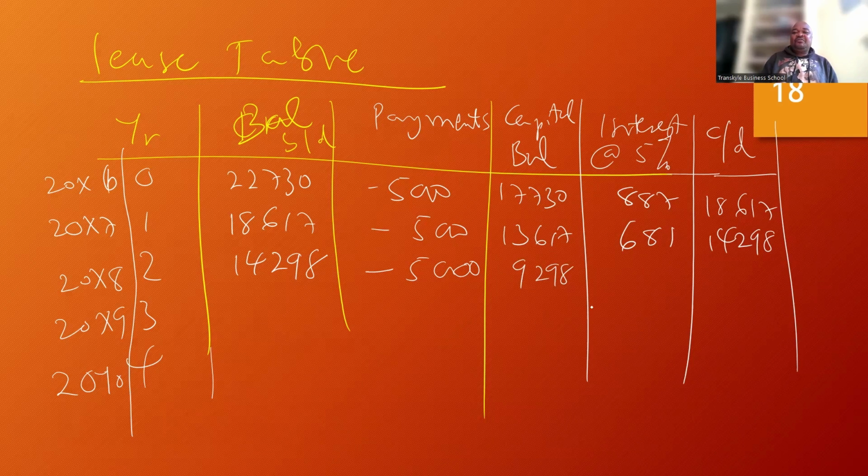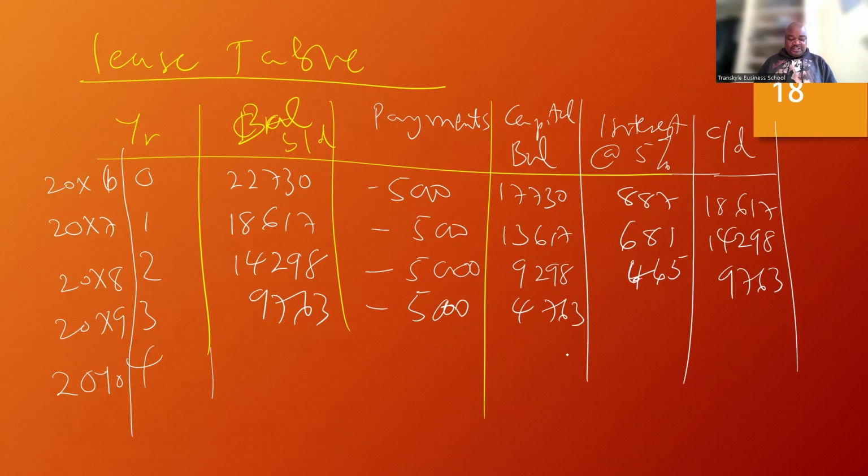Then you multiply by 5% of that. That's 465, and that increases the capital balance to 9,763. We take the 9,763 and we reduce it by 5,000. We come to 4,763. Then we charge 5% on that, which is 237.